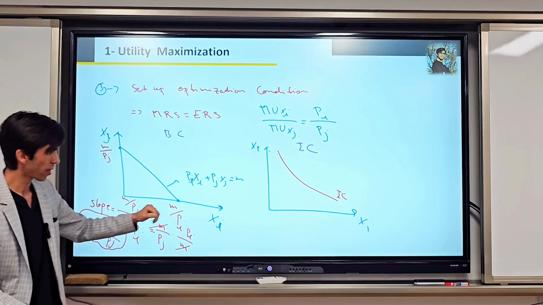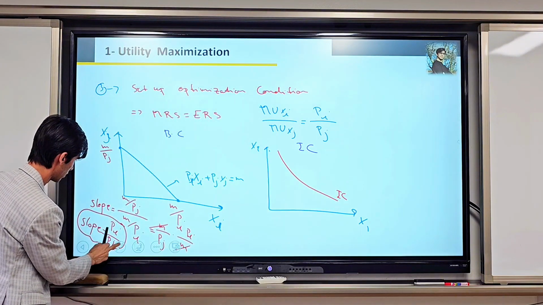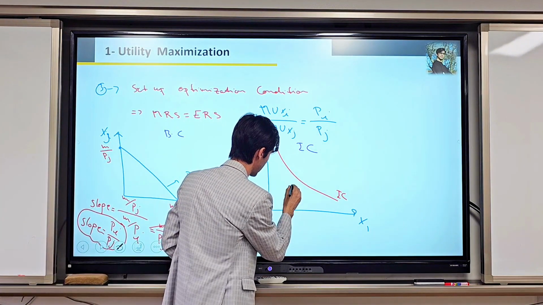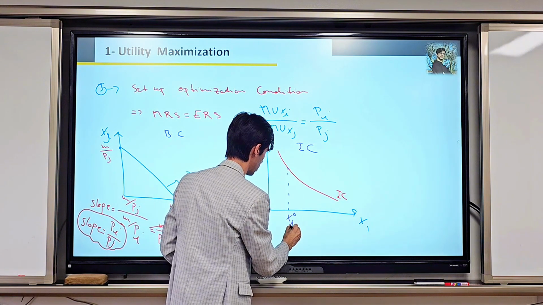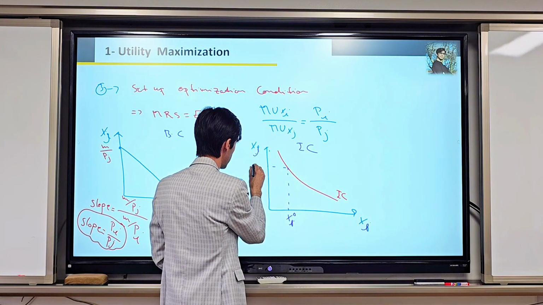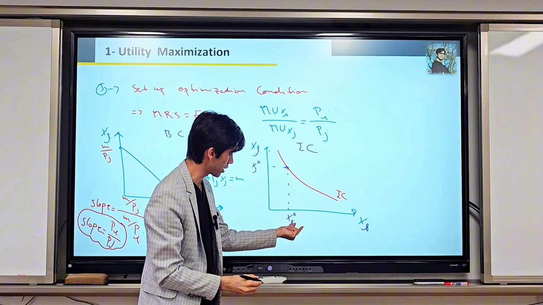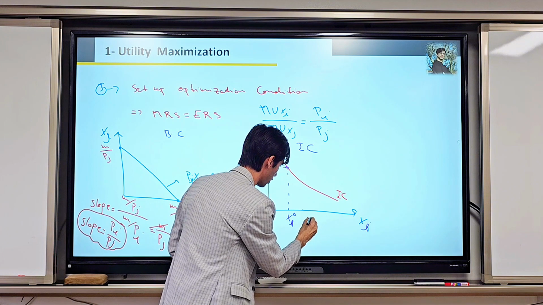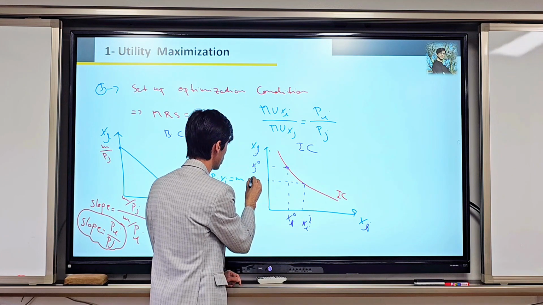But for this indifference curve, how can we find the slope? Suppose we have our point xi0, xj0. If we want to increase xi from xi0 to xi1, then we need to decrease xj from xj0 to xj1.